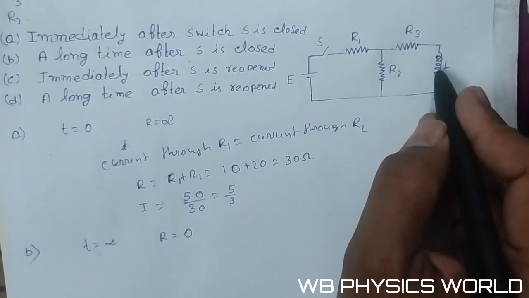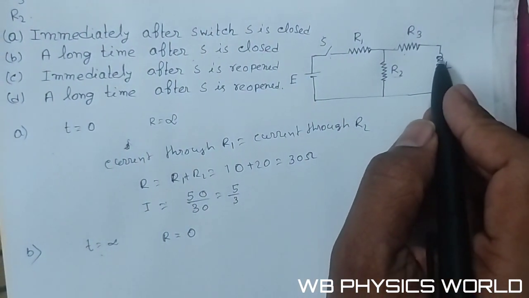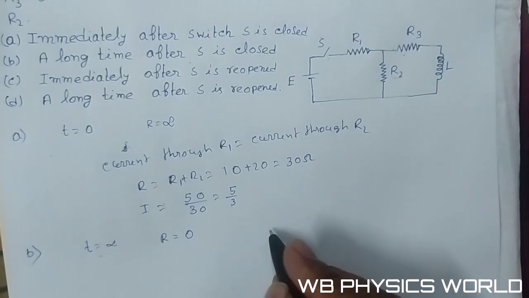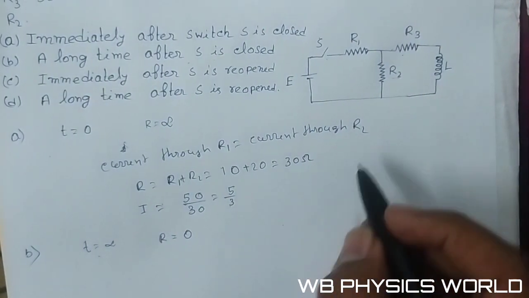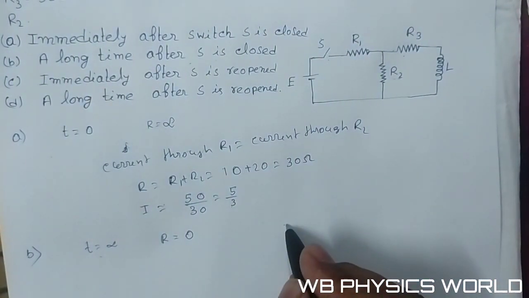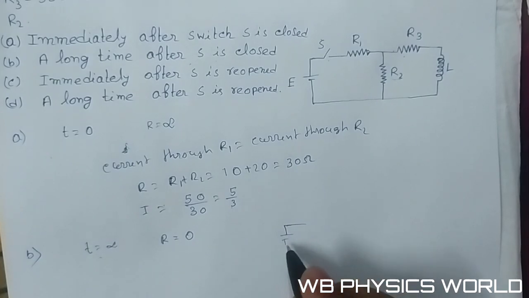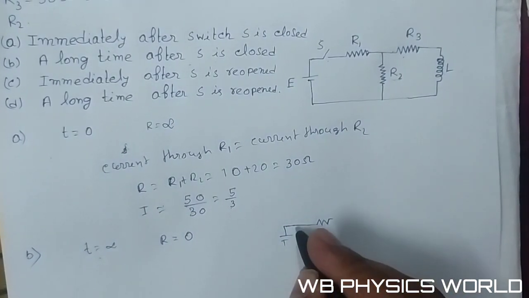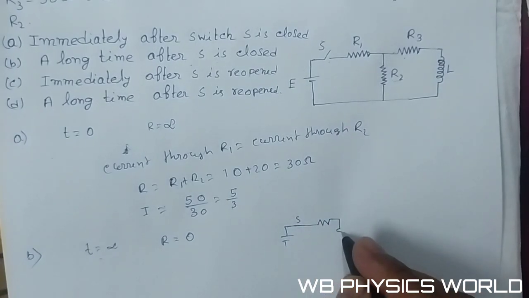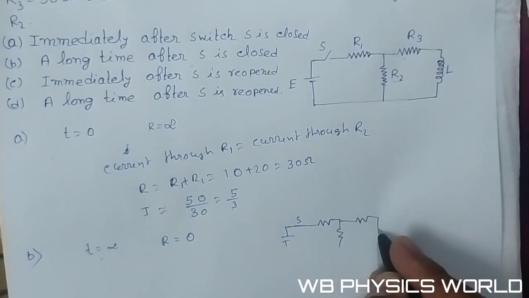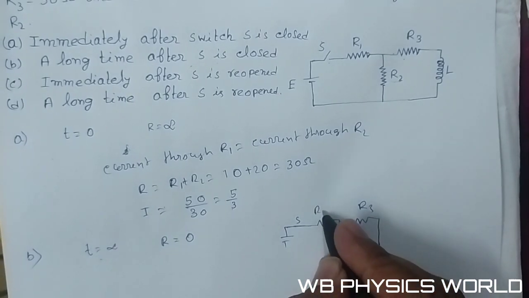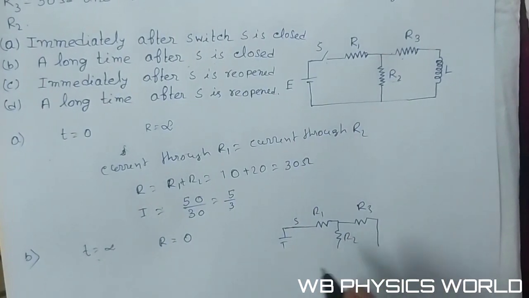So L is short circuited. So the equivalent circuit in this case becomes: close S, R3, and L is short circuited. So this is R3, this is R1, R2.